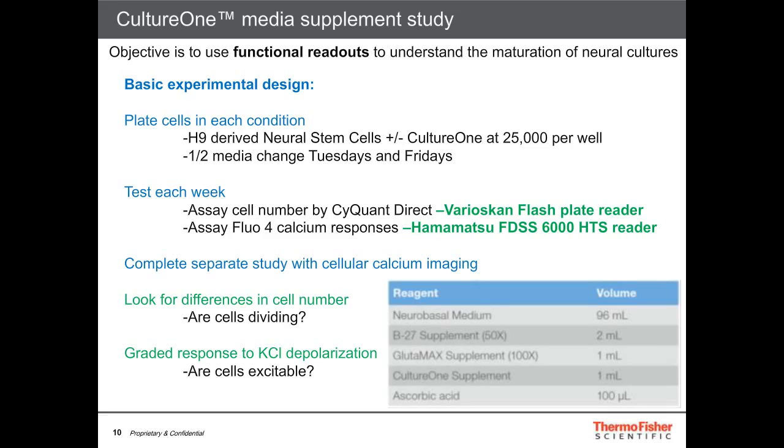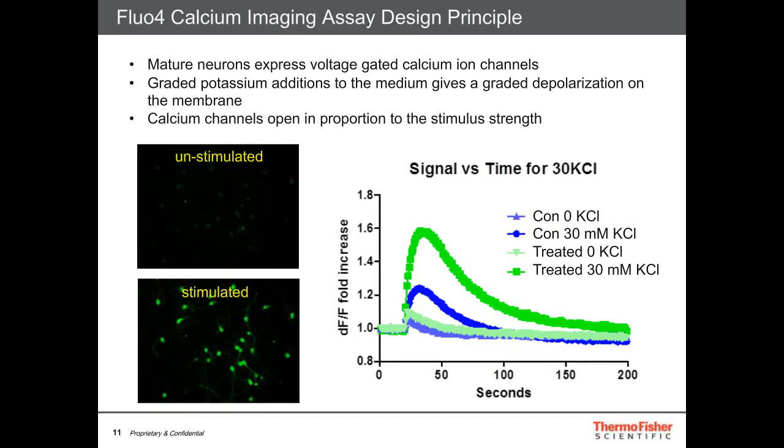I'm doing this on 2 platforms, our own Thermo Fisher Varioskan Flash plate reader just for the endpoint CyQUANT Direct cell proliferation assays, and then the Hamamatsu FDSS 6000 high throughput plate reader, which is a kinetic imaging plate reader with fluidics capabilities that I'll go into a bit more. And again, these 2 questions we'll be asking are: are the cells still dividing, and are they excitable?